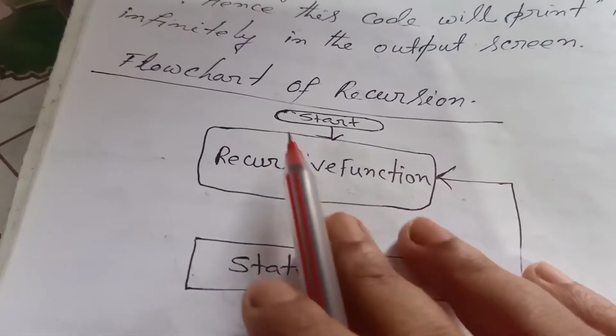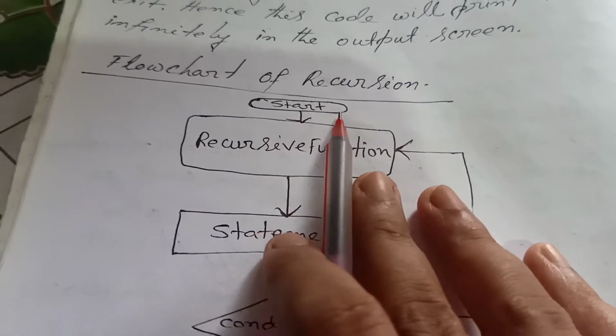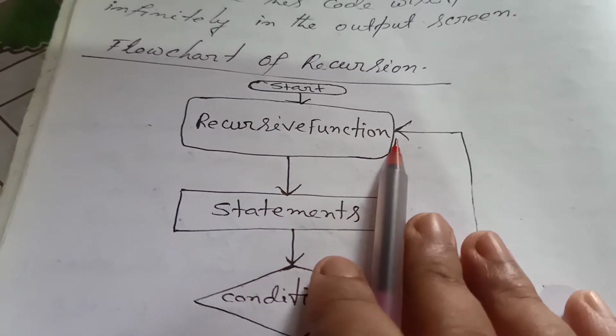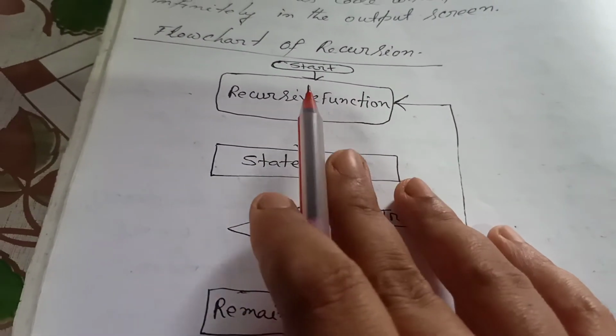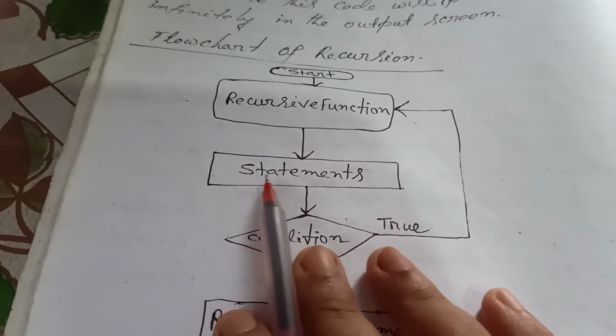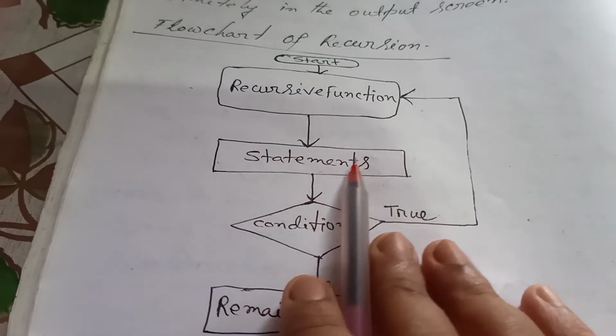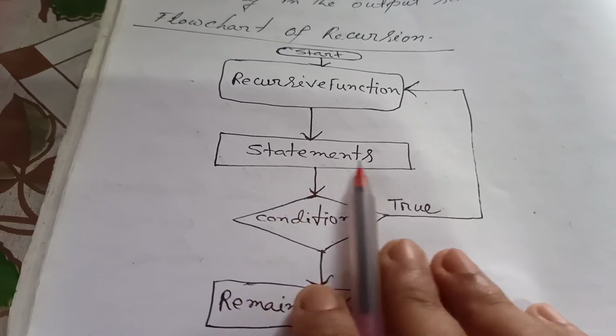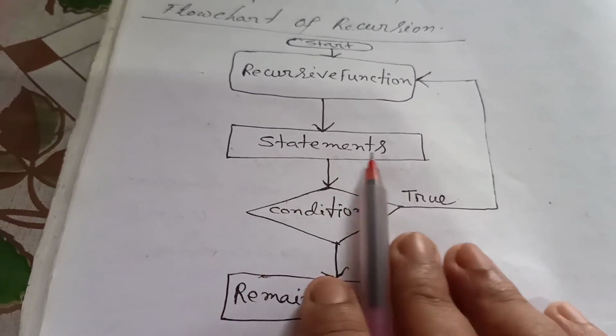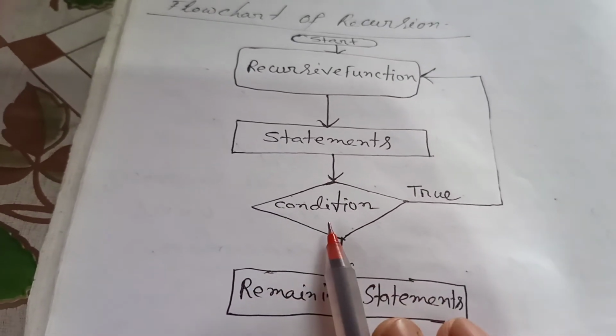So let's take a look at the flowchart of recursion. Start, a recursive function is defined, then within the recursive function whatever statements we want to write, then put a condition.